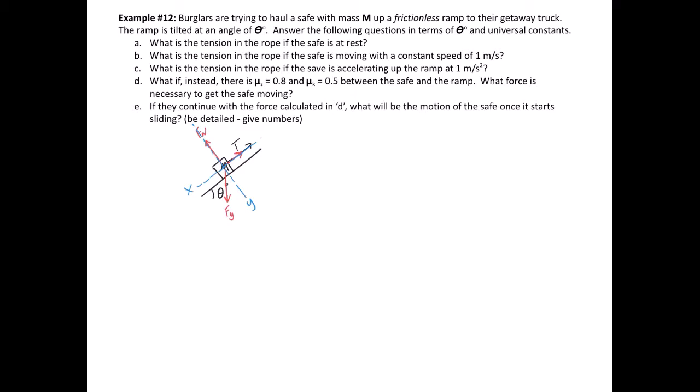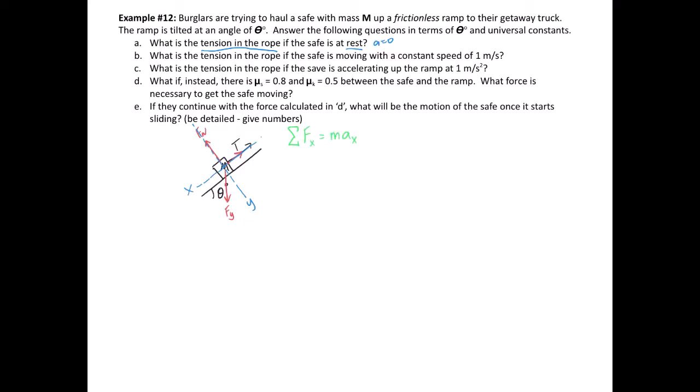All right. Now, in order to find out the tension in the rope, if it's at rest means acceleration equals 0. Now, tension in the rope is horizontal, so I'm going to look at the horizontal forces here. So the sum of the horizontal forces is equal to the mass times the horizontal acceleration.